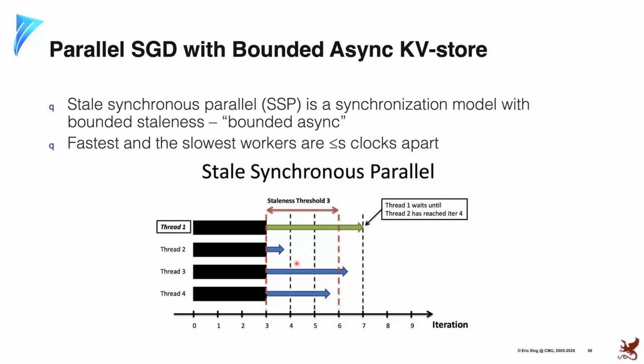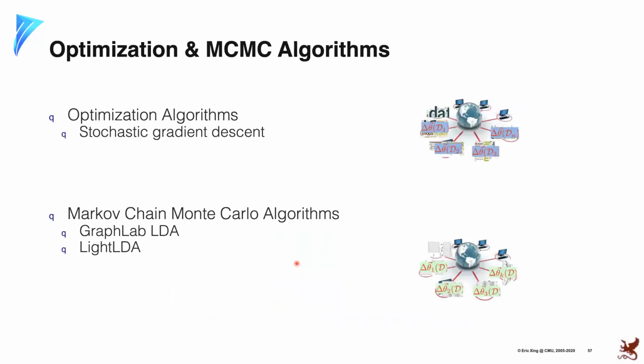So you can see it allows asynchronization, but that asynchronization is bounded by the time window. It's a parallelization in between synchronization and asynchronization. Okay, so that's basically the parallel approaches for stochastic gradient descent.